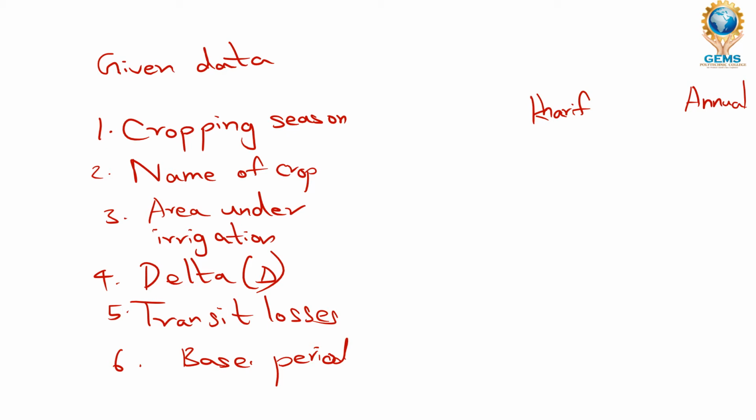So let's list all the data that are given here. Name of crop they have given in the problem itself. If you have any doubt in the problem, please repeat it again. Area under irrigation for kharif is 140 hectares, and for sugarcane it is 100 hectares.